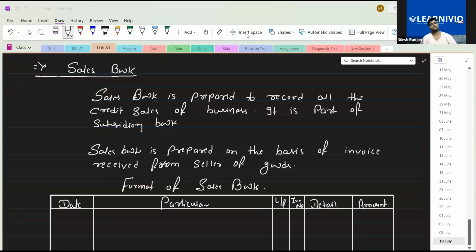So the transactions will be the same as in the purchase book. Not the ledger, sorry.